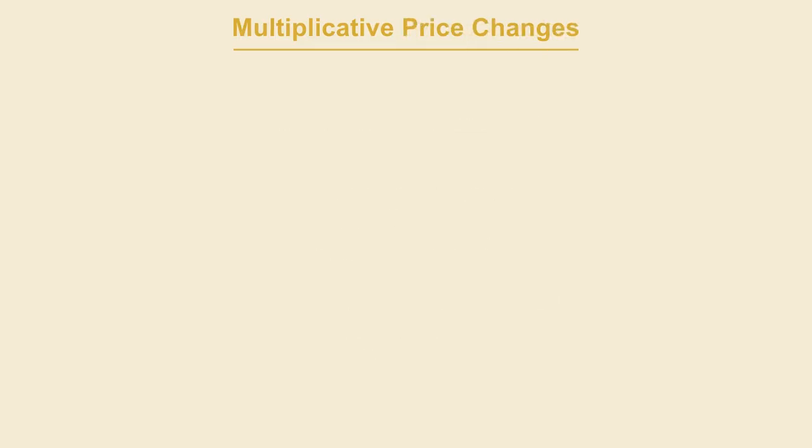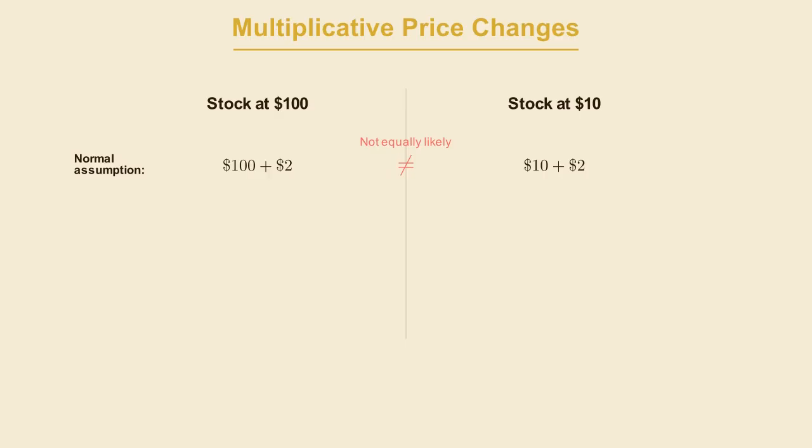On top of this, there's an intuitive reason why prices should be multiplicative rather than additive. If a stock is at $100 and moves $2, that's a 2% move. But if a stock is at $10 and moves $2, that's a 20% move. The same dollar amount means something completely different depending on where the price is. Markets don't work in dollar increments, they work in percentage increments.